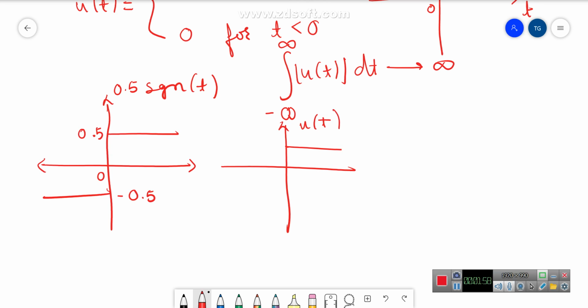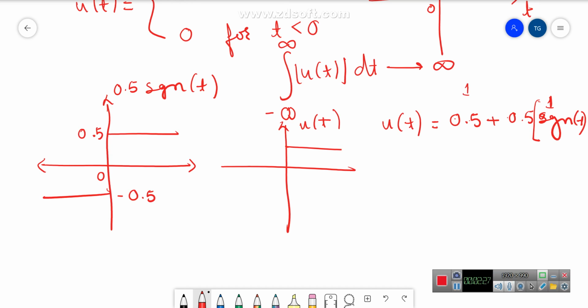Now u of t can be expressed in terms of signum of t as follows. We know signum of t is equal to 1 for t greater than 0. So for t greater than 0, this u of t will be 0.5 plus 0.5 into 1, so this will become 1 for t greater than 0.